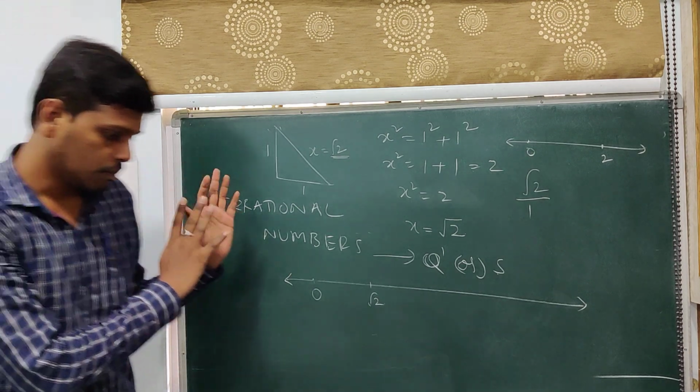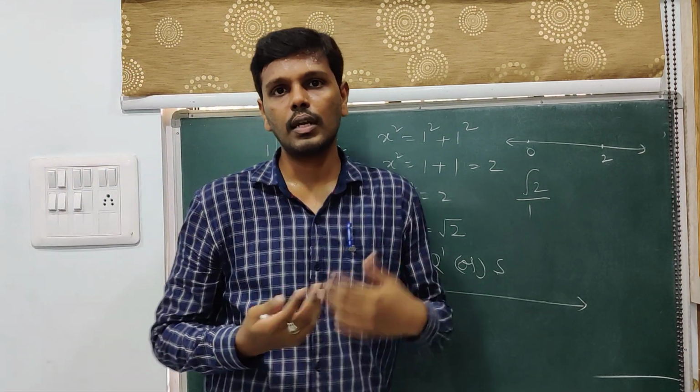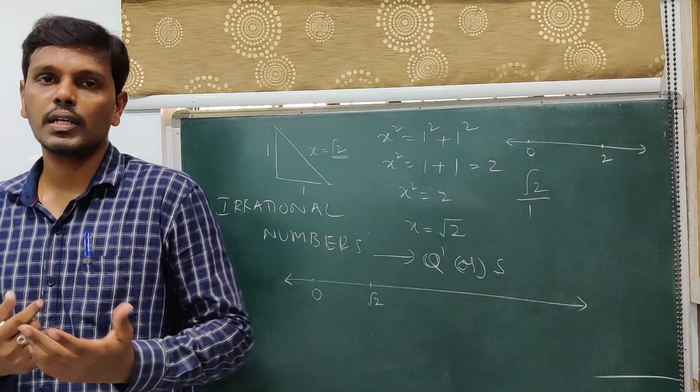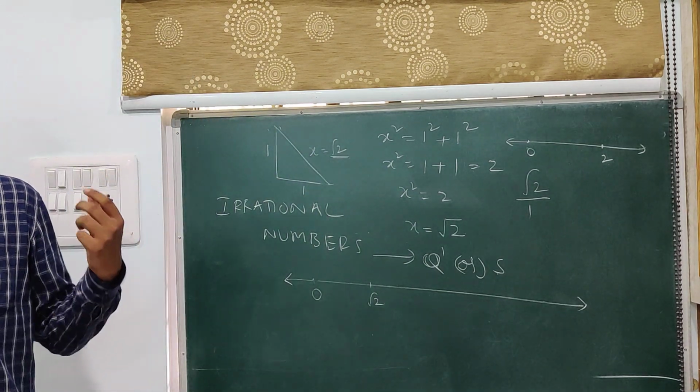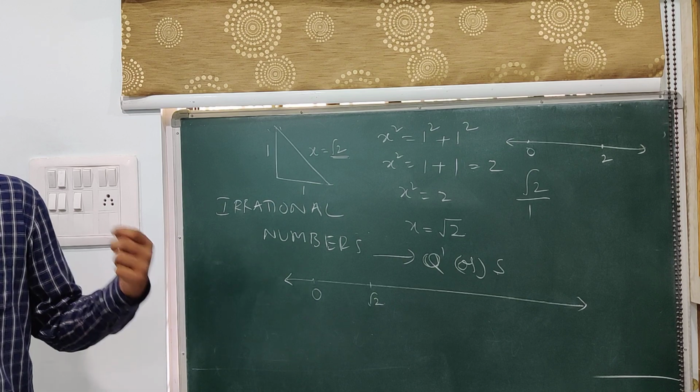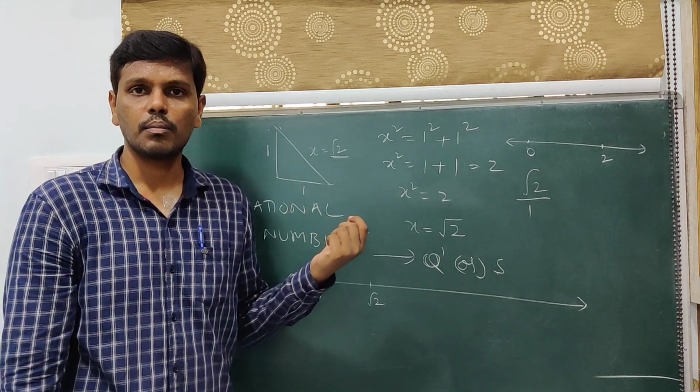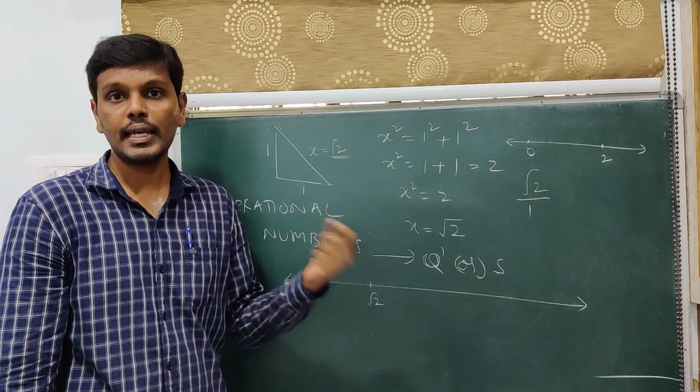So by this discussion we come to understand that given a straight line, though we may feel that all the points can be assigned to a rational number, there still exist some points left over.